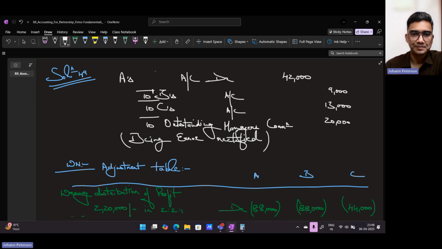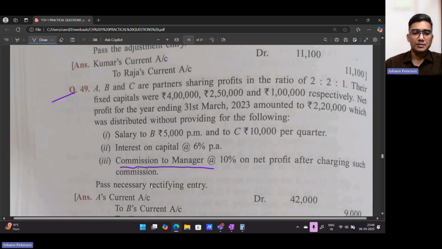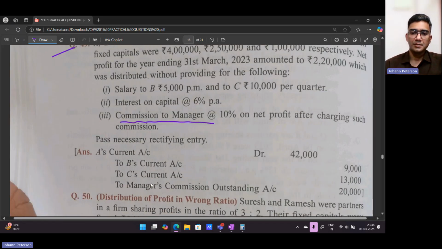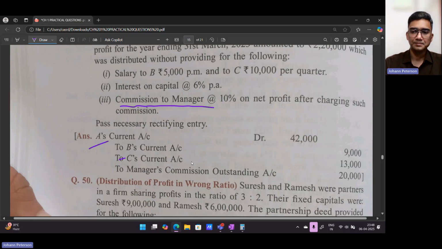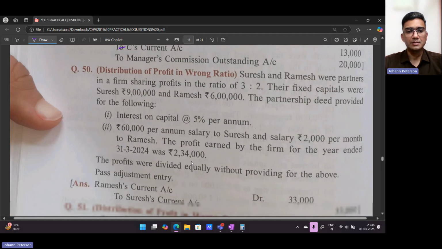So A is current account, B is current account, and C is current account. So the entry is A's current account debit to B's current account, to C's current account, and to manager's commission outstanding. The amounts are 42, 9, 13, and 20. So that's the same.